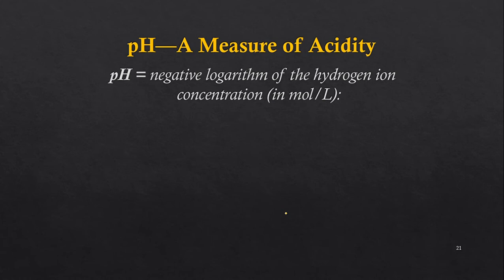Sa France daw, potence naman ang ginamit nila na term, potence ng H. So, pH pa rin. Ayun. So, nagkataon na pare-pareho lang pala yung mga terms na ginagamit ng mga iba't ibang mga scientists. Okay? They all start with P.